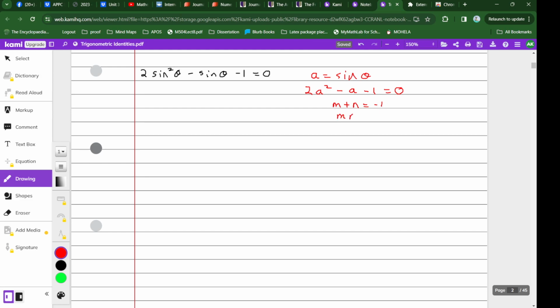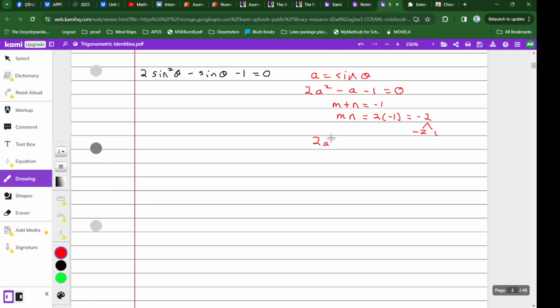Those same two numbers need to multiply to give me 2 times negative 1, which is negative 2. And if we're quick, we should be able to gather that those would be negative 2 and positive 1. In the last video, I factored this using a box. I'm going to factor this using grouping this time.